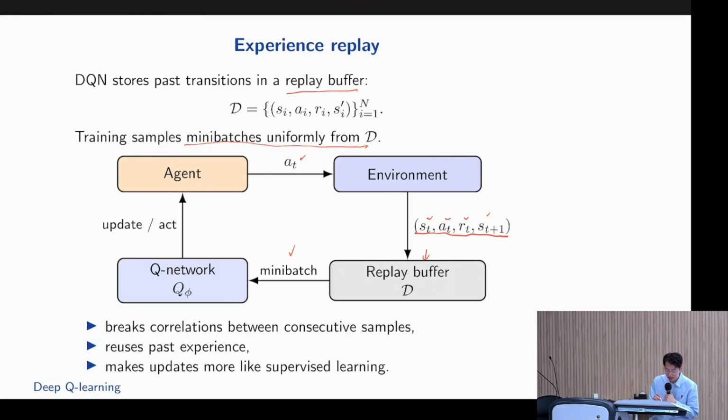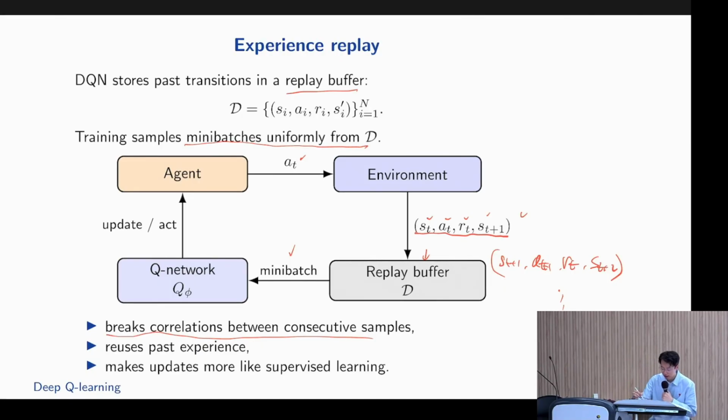It's known that having this replay buffer breaks the correlation between consecutive samples, because otherwise you'd be using s_t, a_t, r_t, s_{t+1}, a_{t+1}, r_{t+1}, s_{t+2}, and so on, because the environment is going to continue.